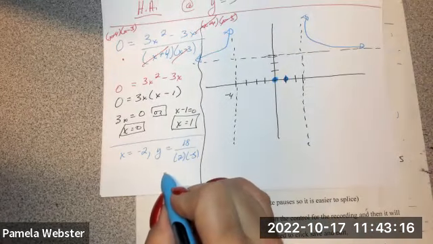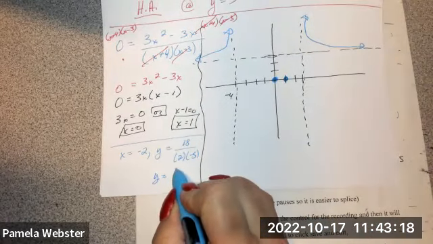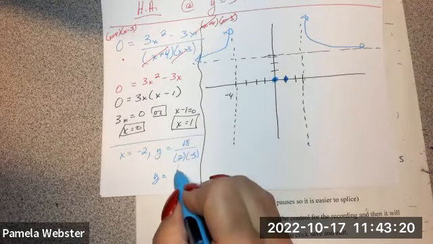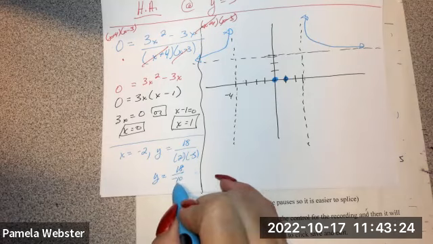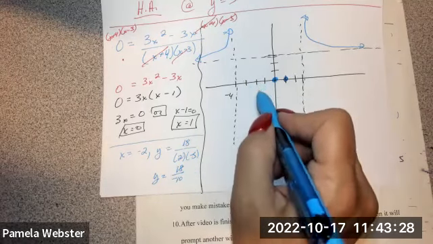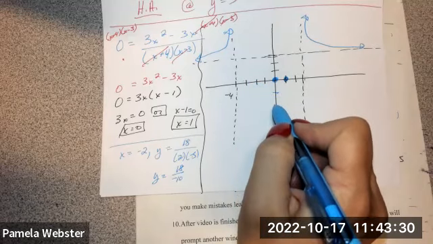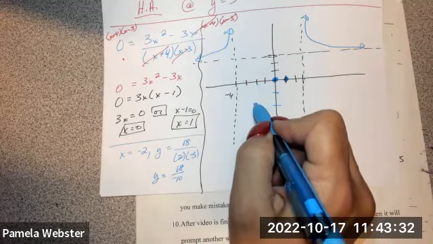So I don't really care what this number is. Again, I've got y equals 18 over -10. I don't care exactly where that is. What I care about is this is a negative number. It's down here somewhere.